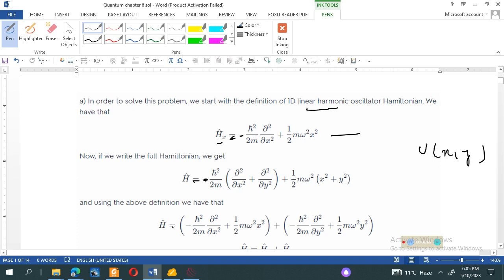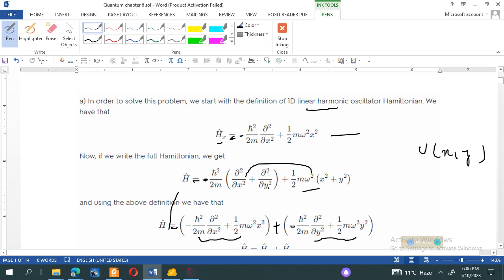We can write this separately. H will be equal to minus h-bar squared over 2m partial squared plus m omega squared, collecting the terms of x separately, and similarly collecting the terms for y separately, plus minus h-bar squared over 2m. This is the Hamiltonian for y and this is the Hamiltonian for x.